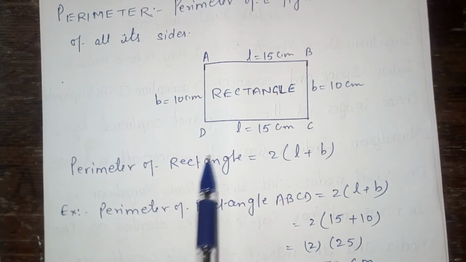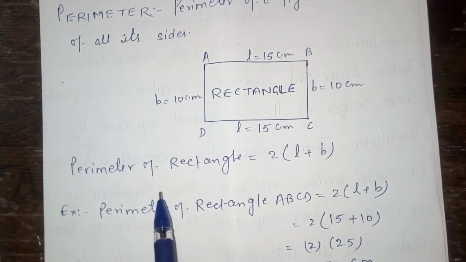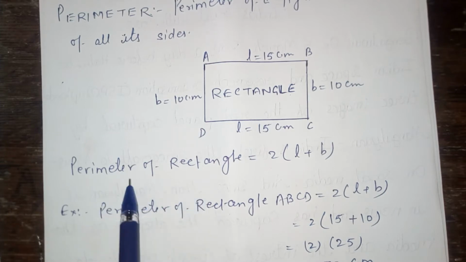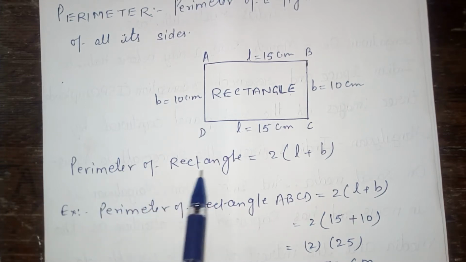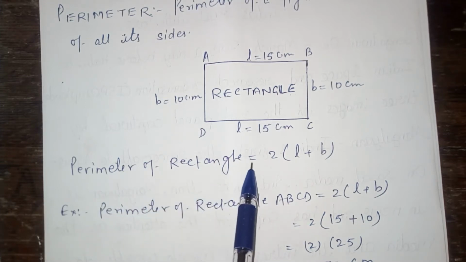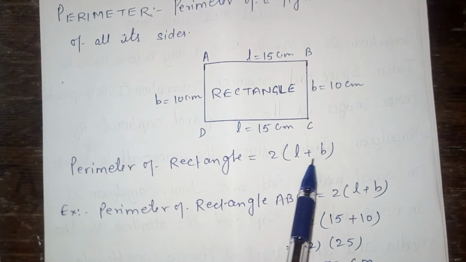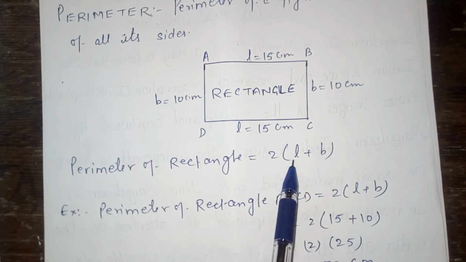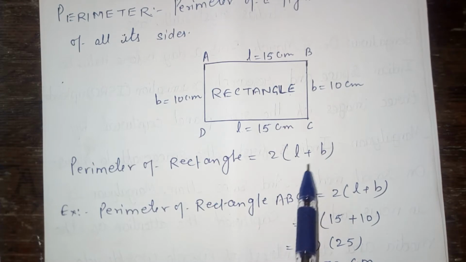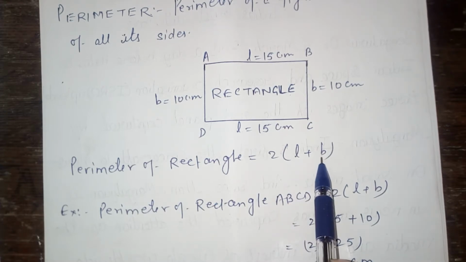In this question we will apply the formula. That is the main formula. Perimeter of rectangle is equal to 2 into (L plus B). L stands for length and B stands for breadth.